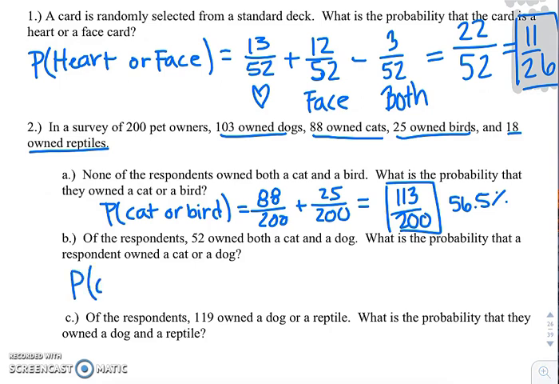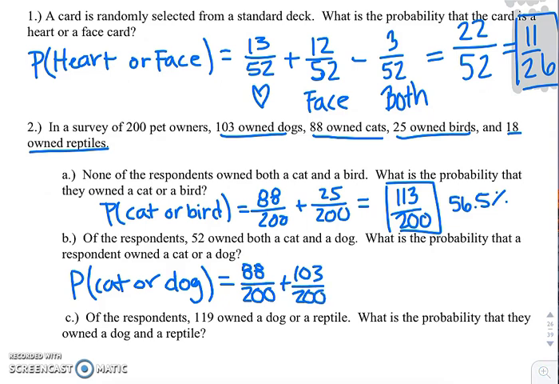So for this one, for a cat or a dog, we know that 88 owned cats, 103 owned dogs, but it just told us that 52 people had both of them. So we don't want to include the ones that have this and that. We want just the people that have one or the other.